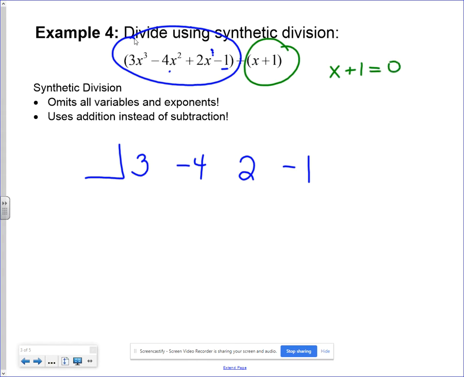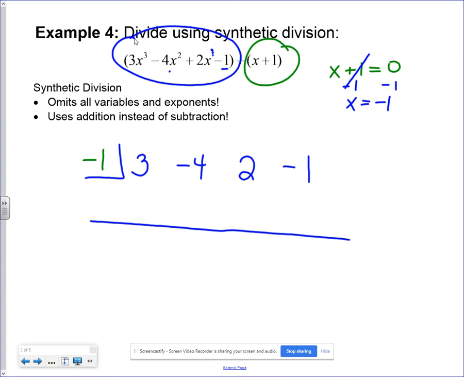So let's take what we're dividing by, x plus 1, set it equal to 0, solve for x. So -1 on both sides, x equals -1. So inside this box, I'm going to put a -1. Now I'm going to skip a line. I'm going to leave a blank space here and draw a line under it.